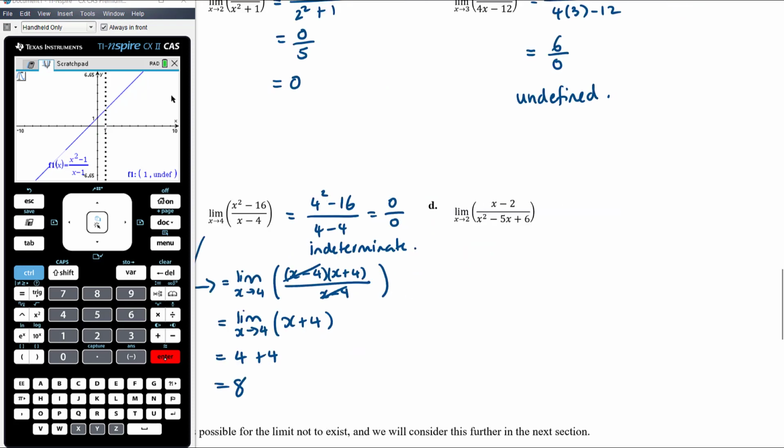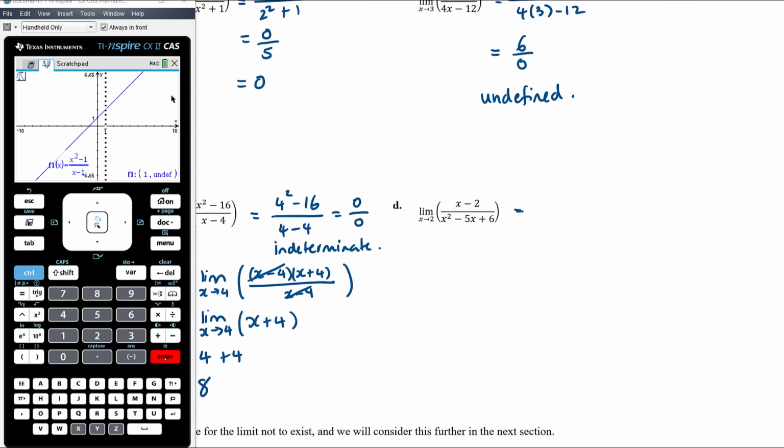Alright, part D. If I were to sub x equals 2 into here, I would get 2 minus 2 over 4 minus 10 plus 6. So that's 0 over 0. So again, that's indeterminate. So let's see if I can simplify this first. The limit as x approaches 2.